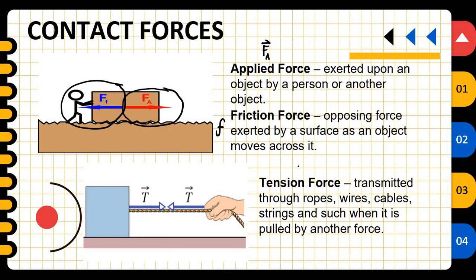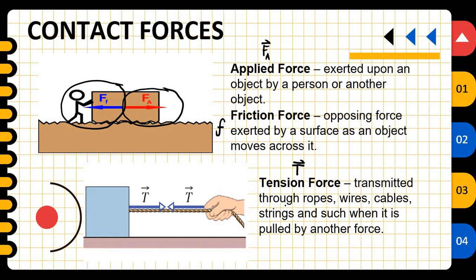The symbol that we have for tension force would be big letter T with an arrowhead. It is happening only in anything that is most likely to look like a string, right? And it happens on both sides of the string.